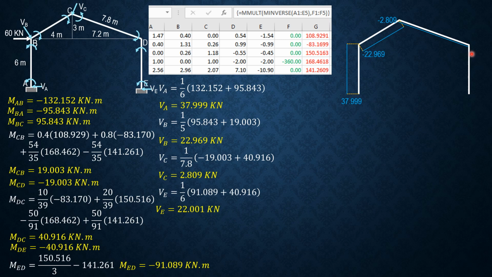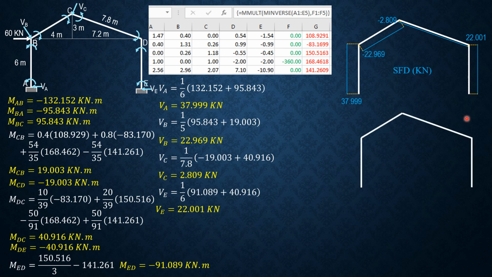Then since shear at E is going to left, so shear at D should be going to right, which is equal to 22.001. Then straight vertical down, and it should close. So that's the shear force diagram in kilonewtons.